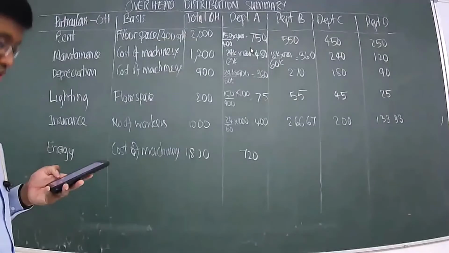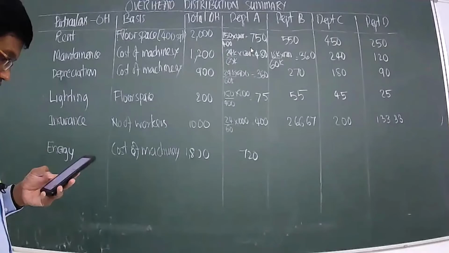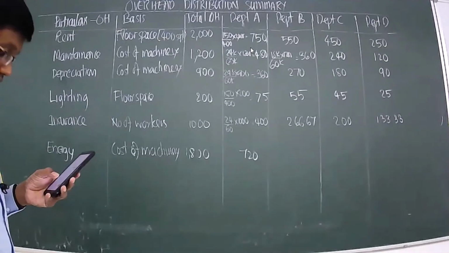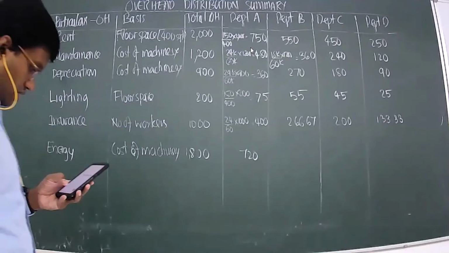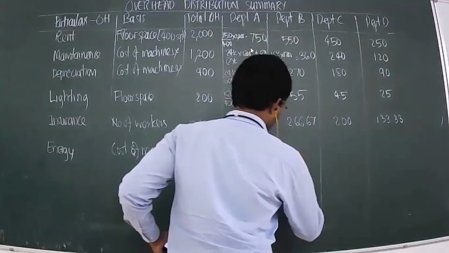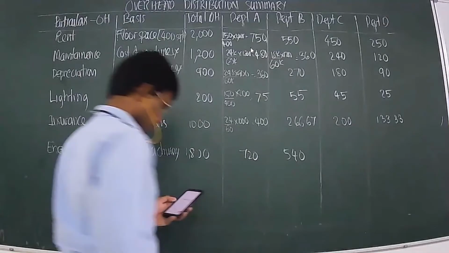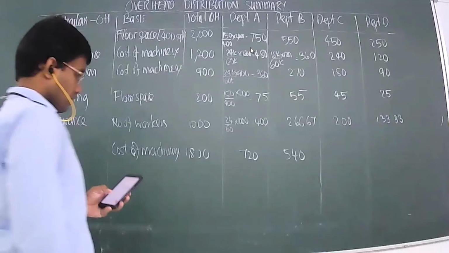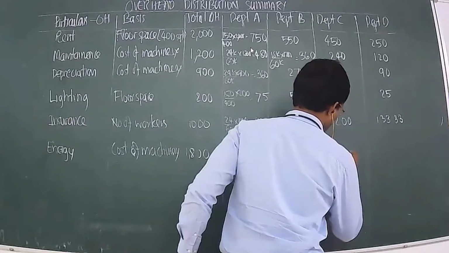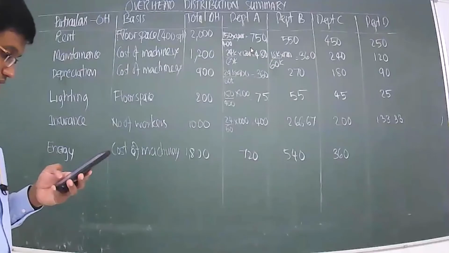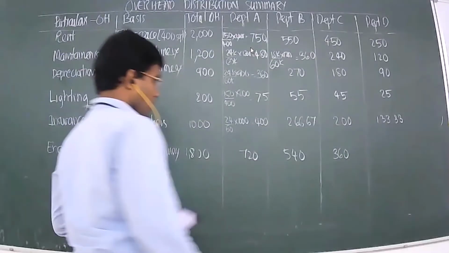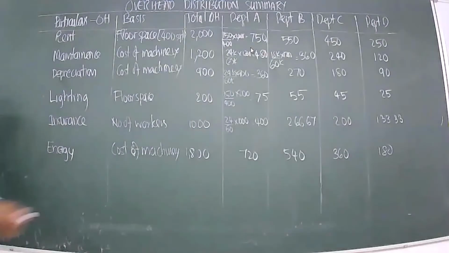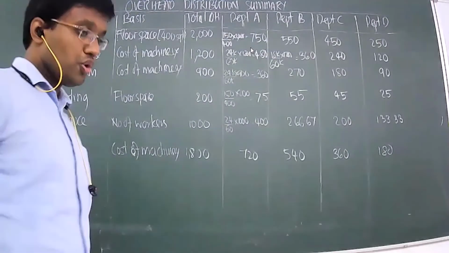Next one would be 540, next one 360, and then finally 180. So on the basis of energy, this is how you would go about apportioning it.